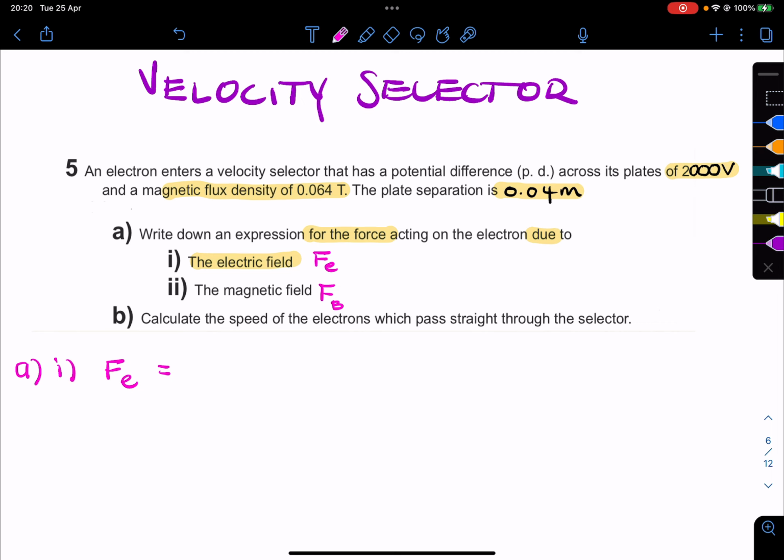Okay, maybe we use uppercase E to make it clearer. So we have an electric field force, or electrostatic force, and we have a force due to the magnetic field. The force due to an electric field, we know from electrostatics, is the electric field times the charge.